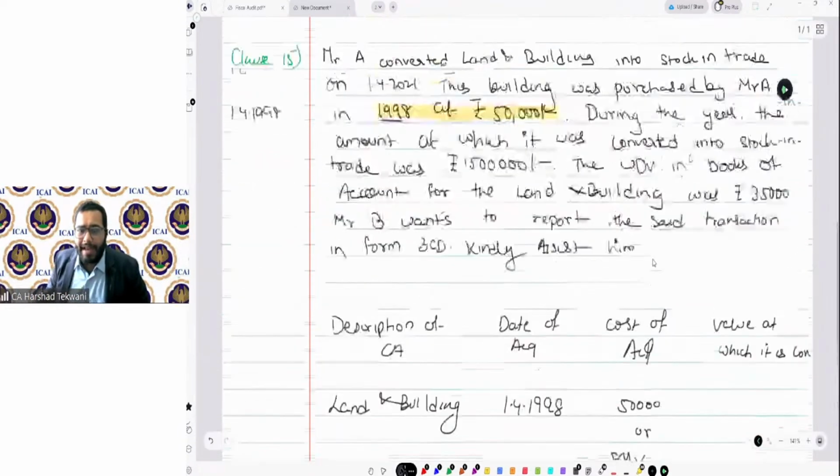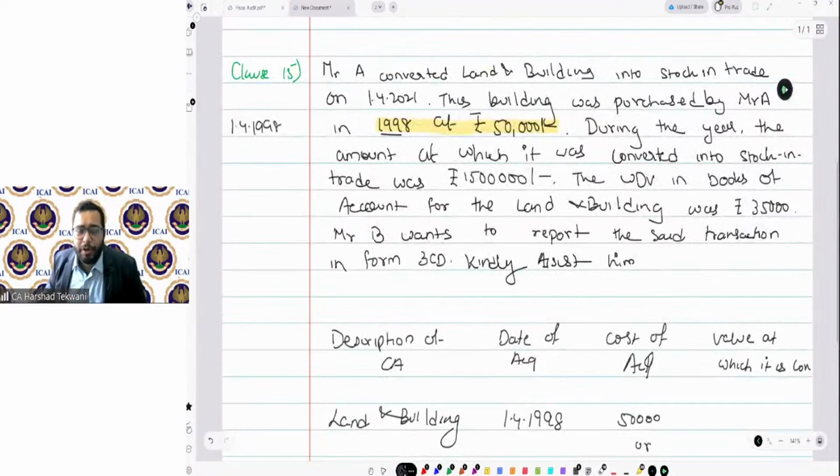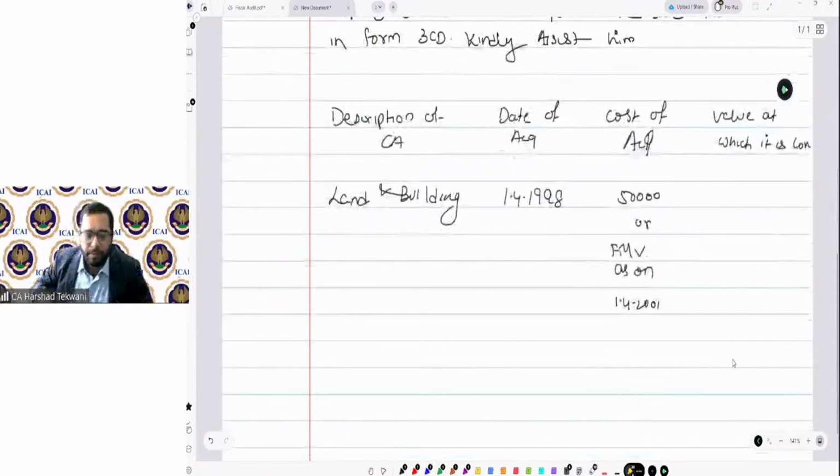Whereas, can I take the carrying value, that is the WDV value, as the cost of acquisition? Answer is no. I cannot take WDV as the cost of acquisition. That is not correct. Plus, the value at which I have converted is 15 lakhs, which is given, and that will be 15 lakhs over here.